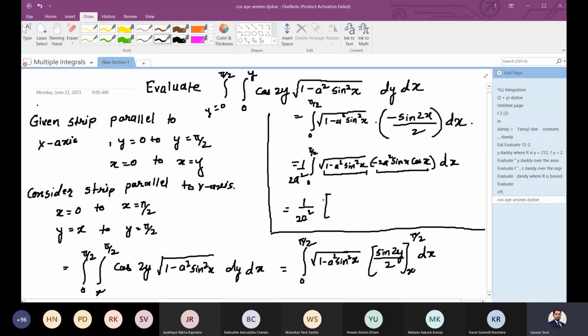So integration of t raised to 1 by 2, so 1 by 2 plus 1. So 1 minus a square sin square x raised to 3 by 2 upon 3 by 2, integration 0 to pi by 2.